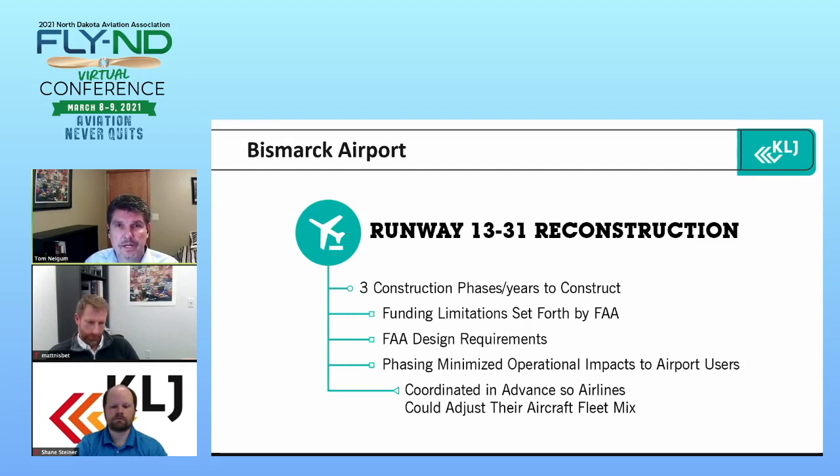That combined with FAA design requirements: when working on runways, there's specific things that can and cannot be done. As an example, the first and last quarter of your runway cannot have a vertical curve or a change in slope. So once you set the profile of that runway, you have to figure out how you're going to make it work.